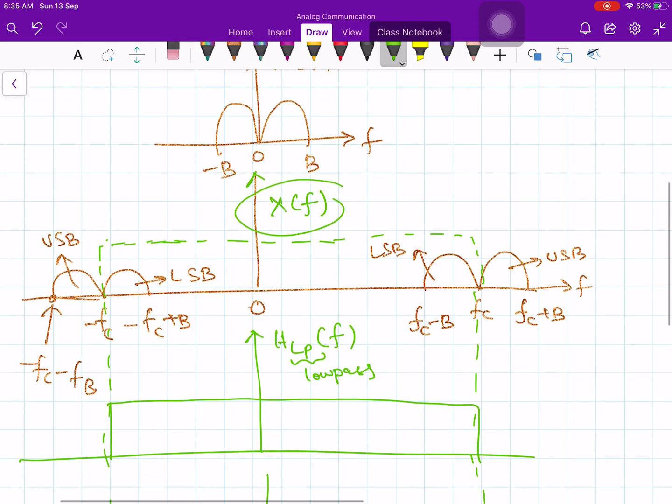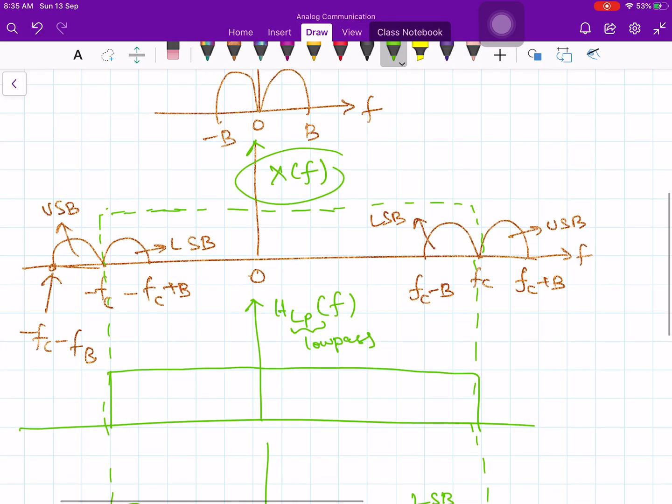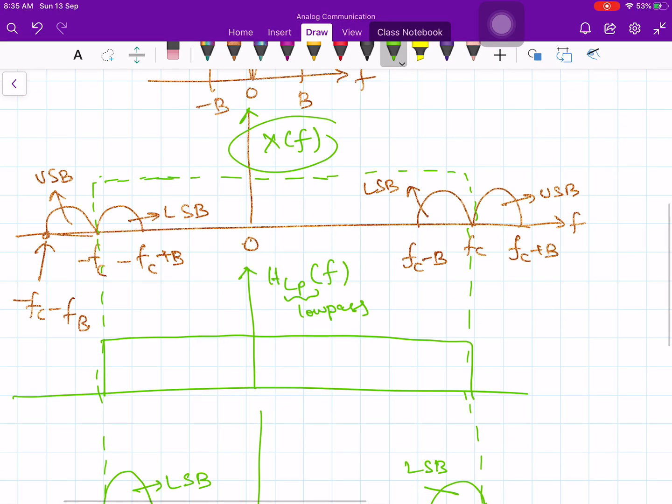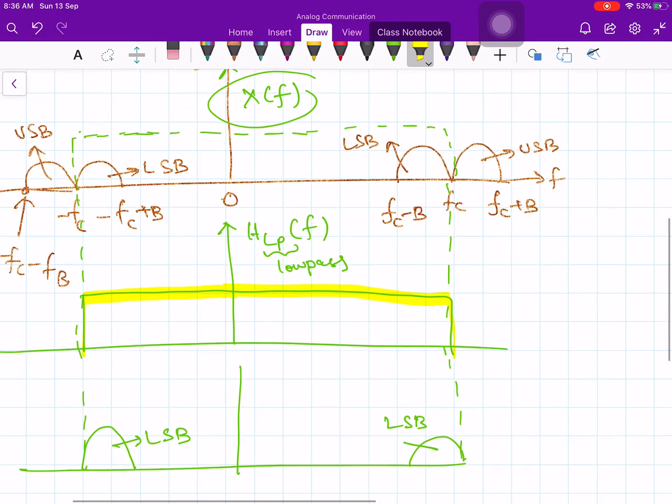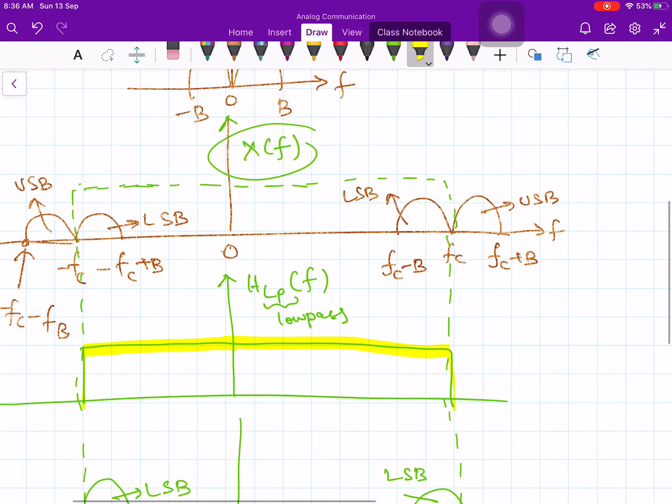Now, let us try to find the transfer function of the ideal low pass filter, which looks like this. The product of this ideal low pass filter and x of f gives the lower sideband signal. So, this is a process through which the SSB waveform is generated in the frequency domain.